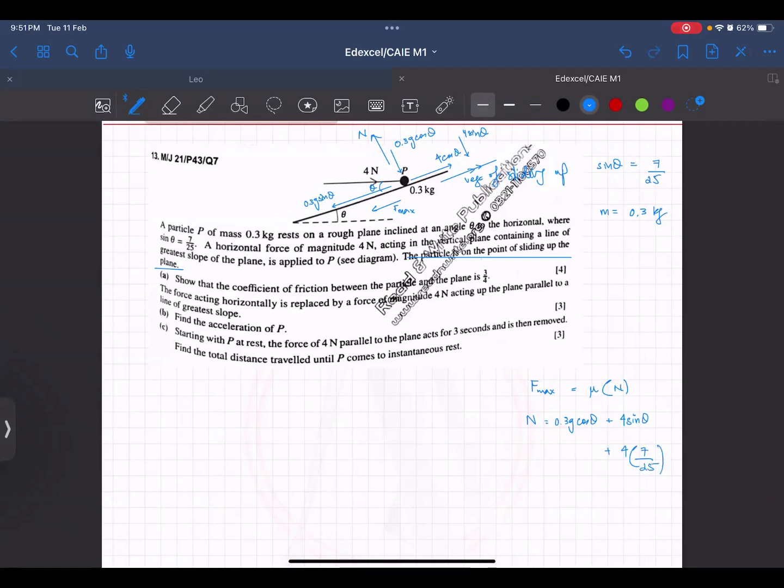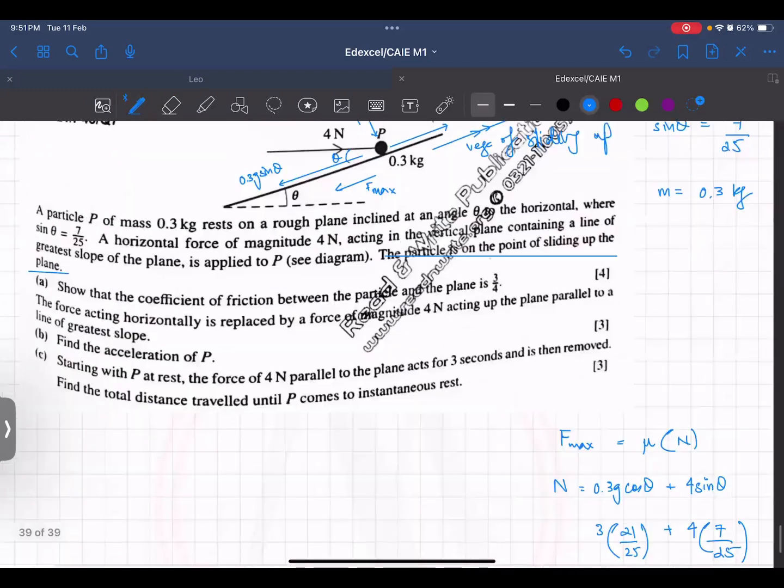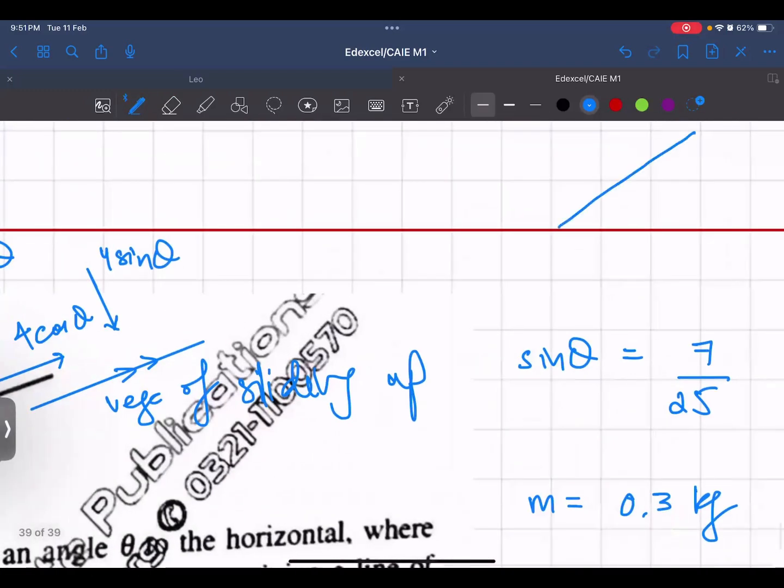What about the value of cos theta? 0.3 times g would be 3. Cos theta would be how much? Anyone? You can use a right angle triangle over here. Let's suppose this is theta.